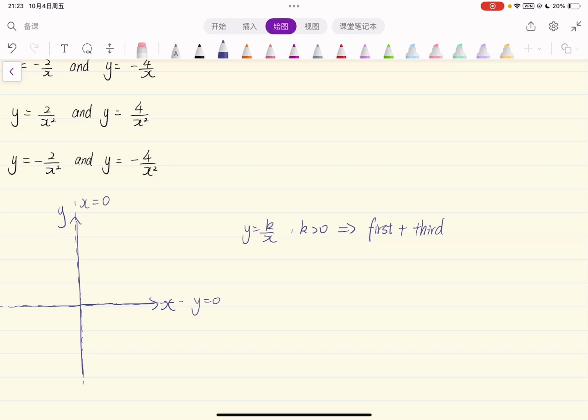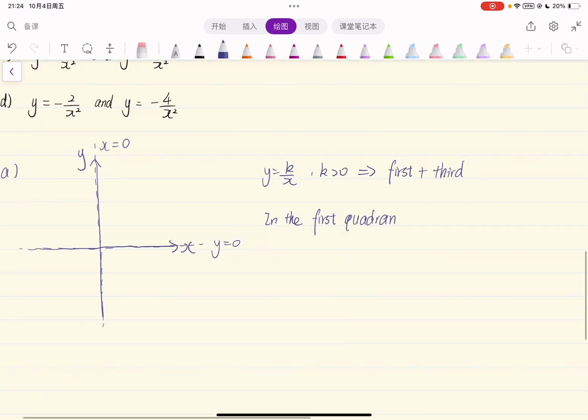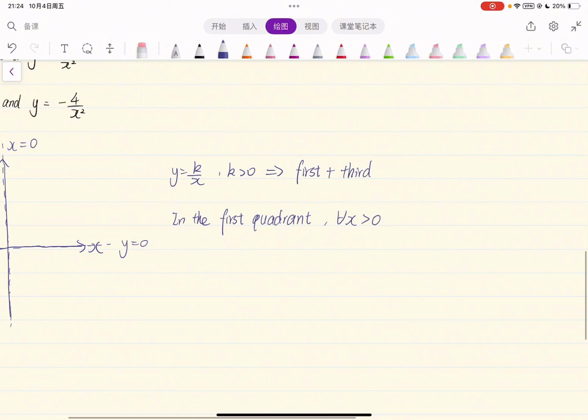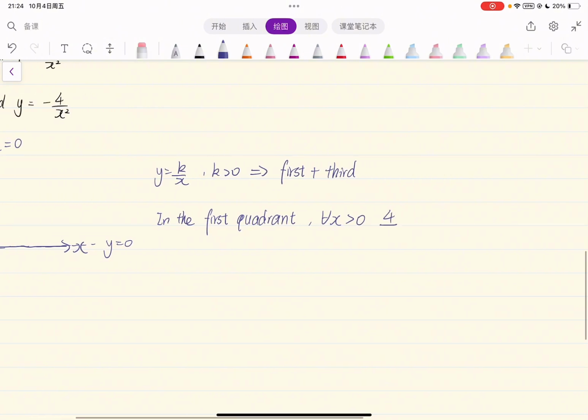In the first quadrant, for all x greater than 0, we can see that 4 over x is greater than 2 over x. So the graph of 4 over x is above the curve of 2 over x.